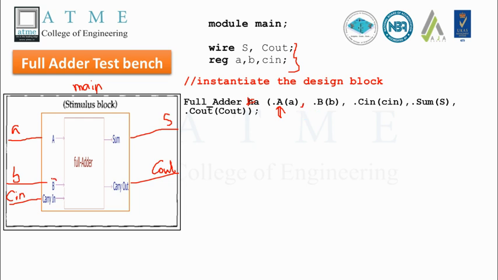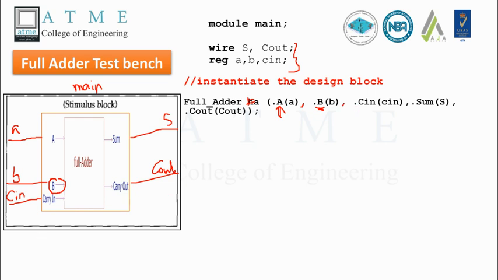Then I need to connect B. B is the input port of the full adder. Therefore, I specify dot B, which is the port of the full adder, and I am connecting it to the small b, which is the register of the test bench. The next connection is separated by comma.